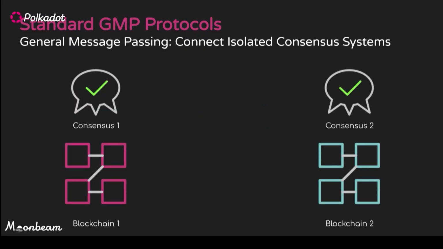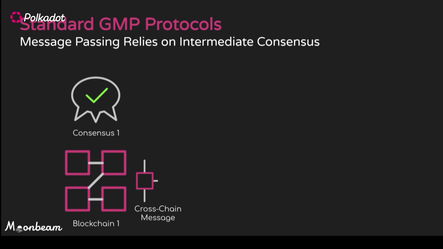And so basically, there are things called GMP protocols. It stands for General Message Passing protocol, right? It basically connects isolated consensus systems. And the way this works is that if blockchain 1, consensus 1, wants to send a cross-chain message, they don't really know that there's another ecosystem out there. But the GMP protocol acts as an intermediate consensus.